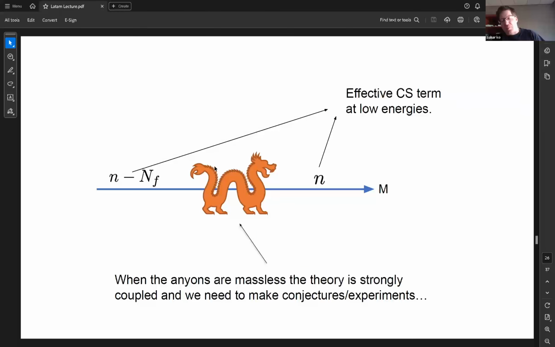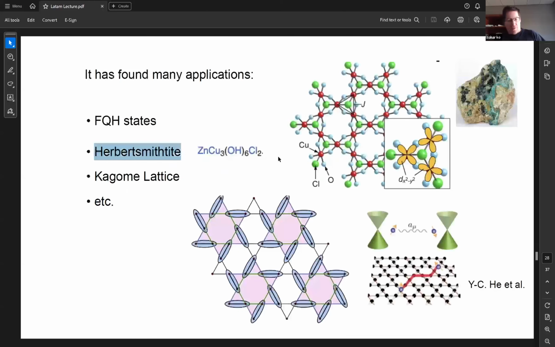So these are strongly coupled theories of very light anyons. One famous mineral that you can buy on Amazon is called Herbertsmithite. There is another one, I just didn't write it here, with this formula.